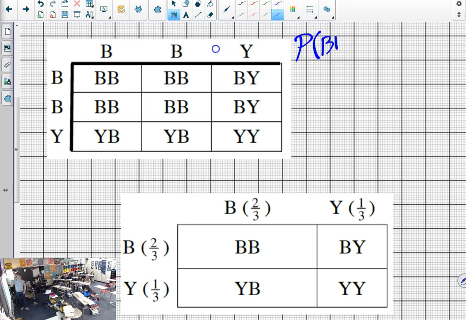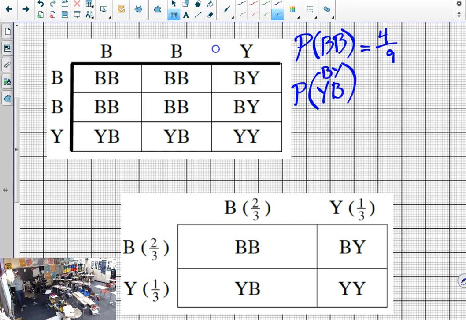Now, what's my probability of blue-blue? Grant? 4 of my sections have blue-blue matching out of my 9 total sections of the table. What is my probability of a mixed yellow-blue or blue-yellow?